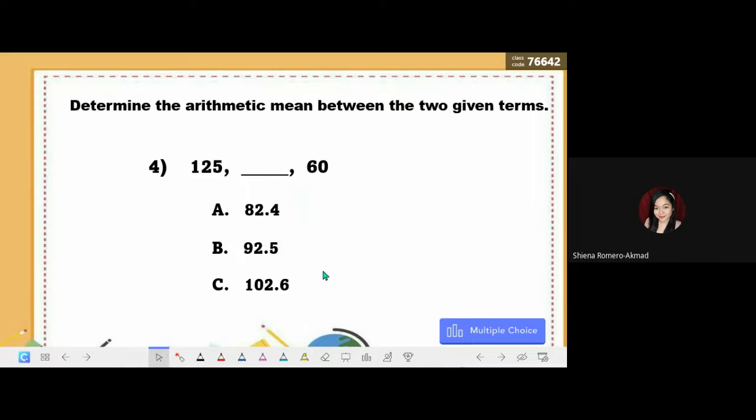125, 60. Yes, Galicia. Letter B po. Letter B. Correct.